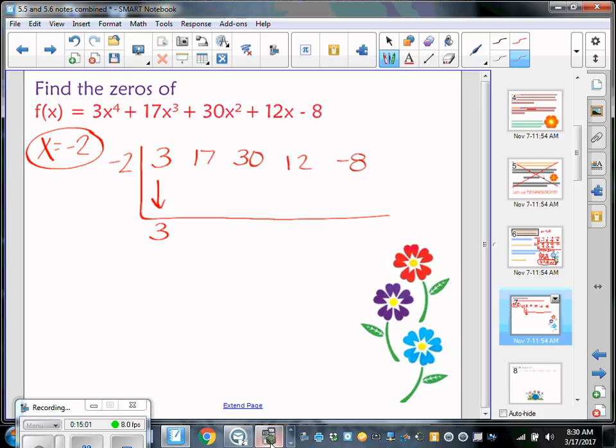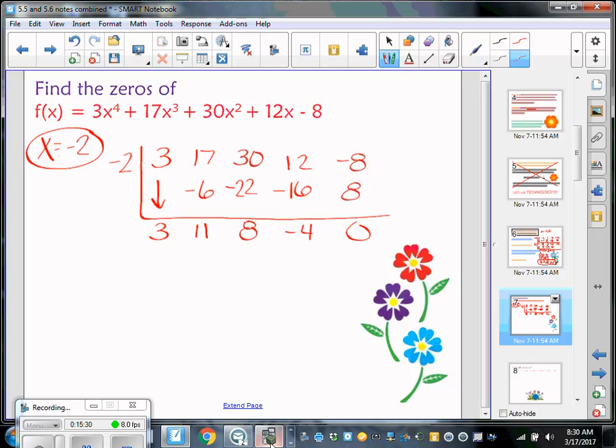So we multiply, get -6, add 11, multiply -22, add 8, multiply -16, add -4, multiply 8, add 0. So that's good. I'm down to a 0. Am I down to an x squared yet? No, which means I need another answer.